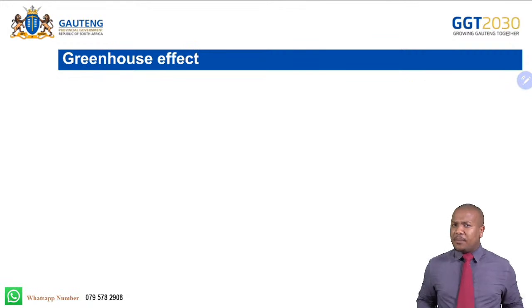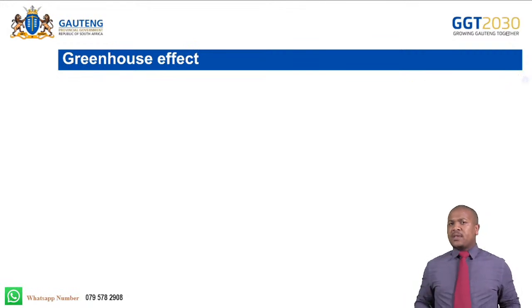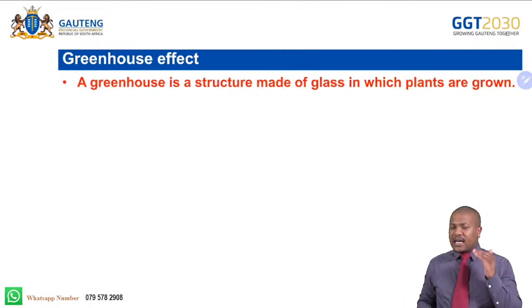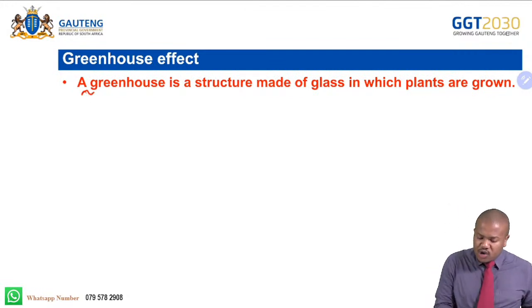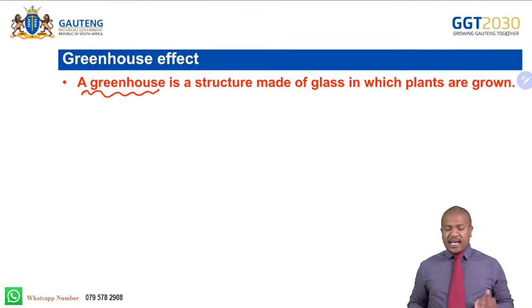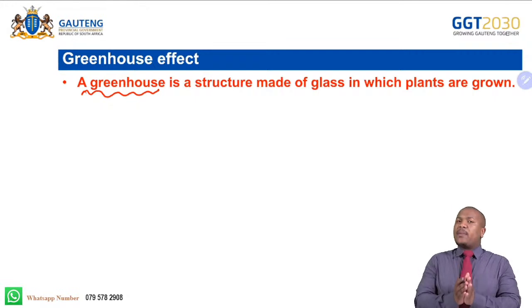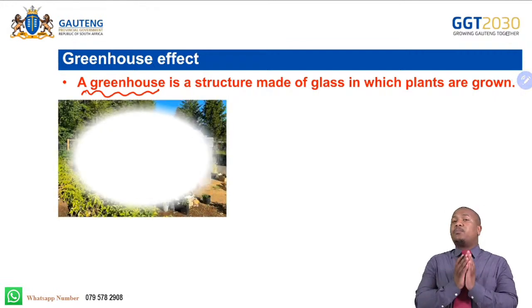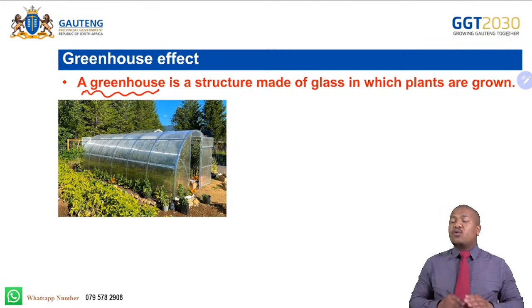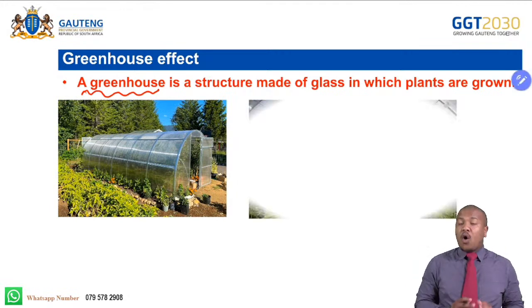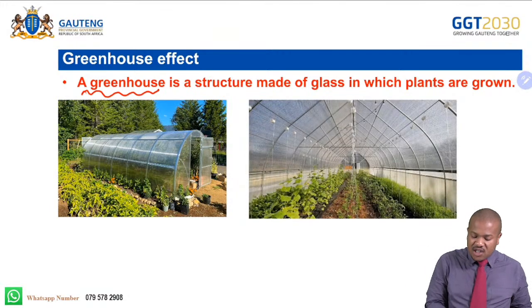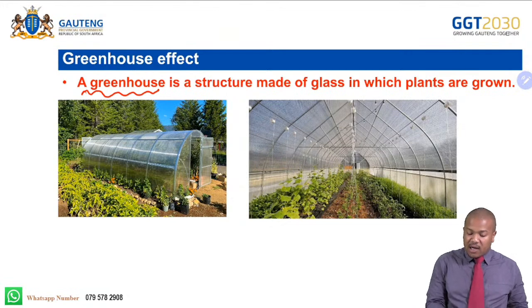So now, the main topic, greenhouse effect. Let's start by defining greenhouse effect. First of all, we need to know that a greenhouse is a structure made up of gas in which plants are grown. As you move around your township or wherever, you sometimes see structures like this in agricultural places.